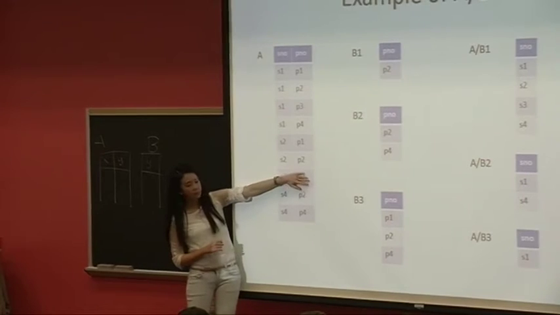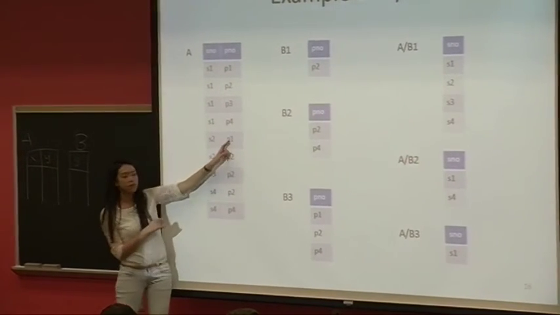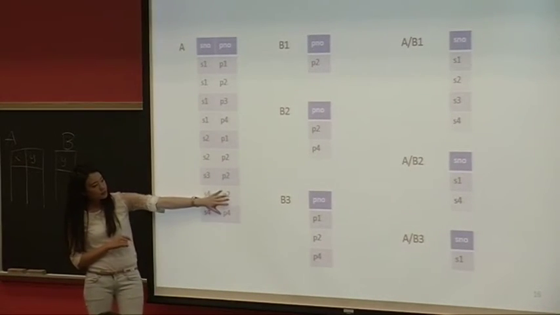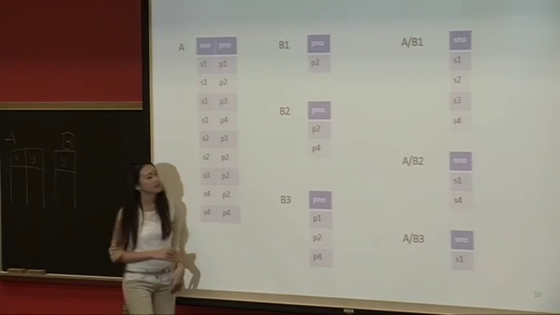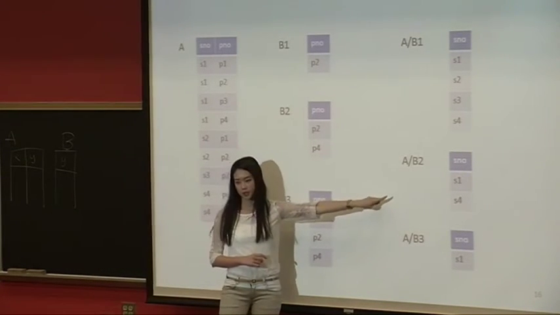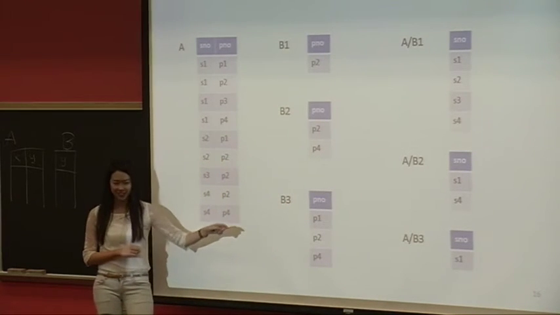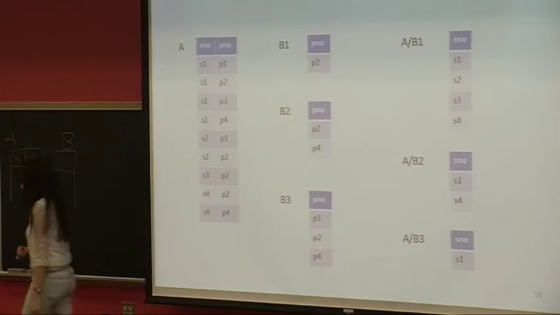How about S2? Not anymore, right? S2 here only associates with P1 and P2. So S2 is disqualified. How about S3? Disqualified. S4? Yeah. So that's why we have the result S1 and S4. Okay, want to go through the last one, or you're all good? Okay, you can figure out the last one.